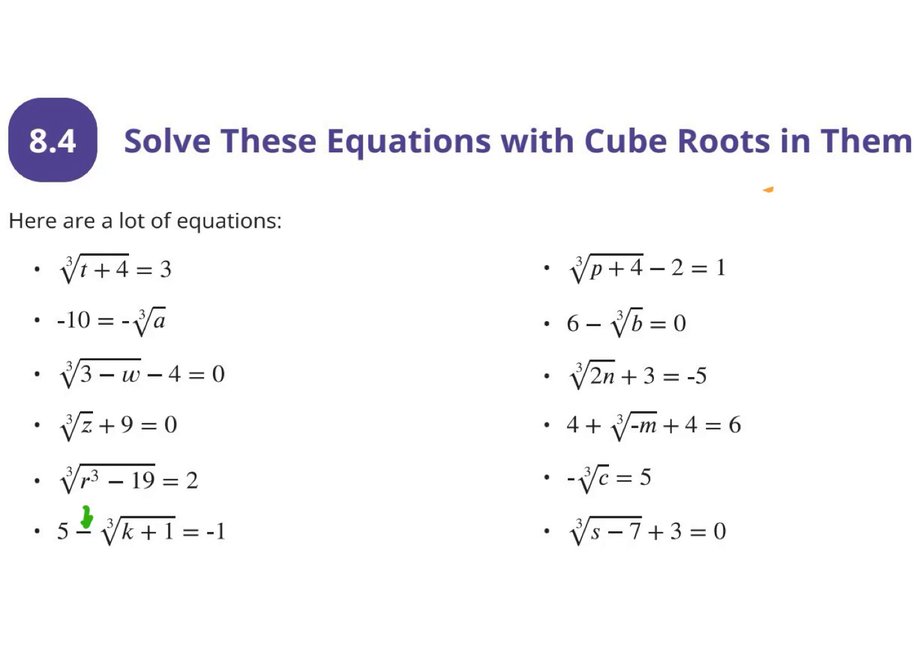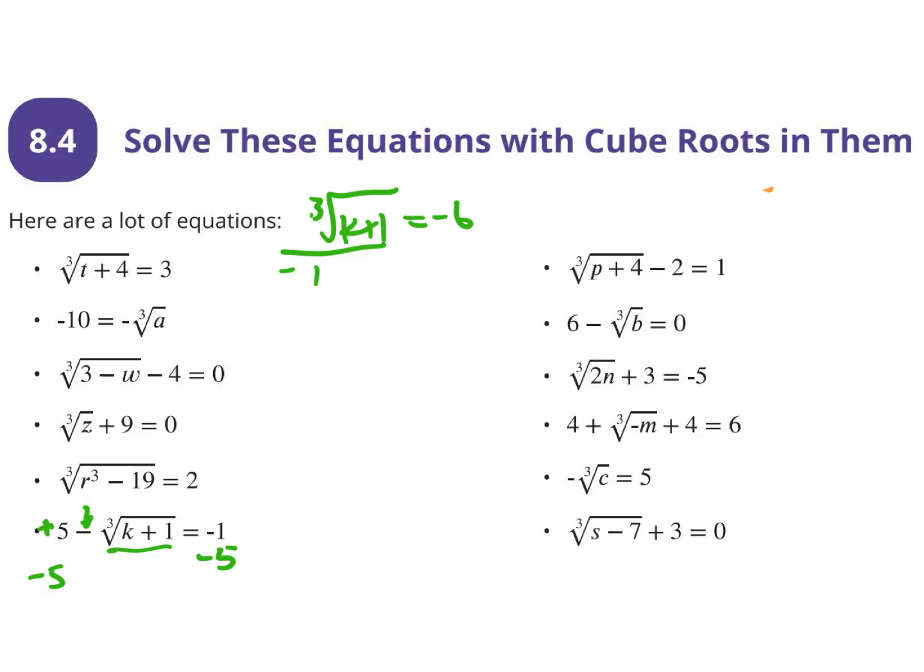Okay, looking at this one. This negative goes with this group. It's not going with the 5. The sign in front of a 5, if there's no sign, is positive. So to get rid of a positive, we have to do the opposite. We have to subtract. So we get negative cube root of k plus 1 is equal to negative 6. I'm going to divide by negative 1 because this is not a negative cube root.